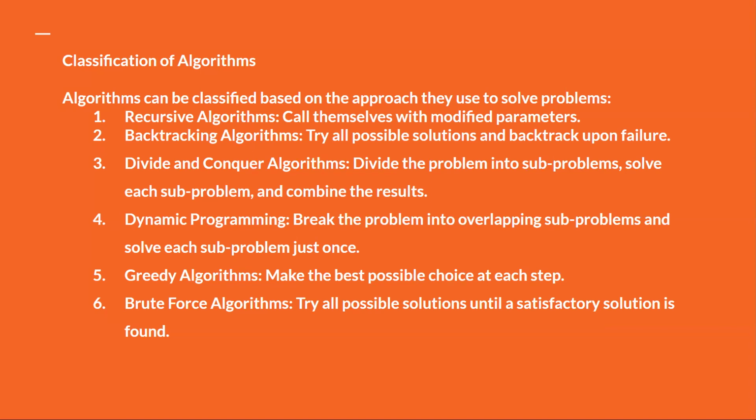The fifth one is greedy algorithms. Make the best possible choice at each step. And the last one is brute force algorithms. Try all possible solutions until a satisfactory solution is found.